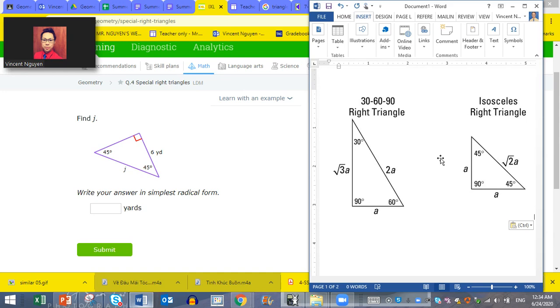You can't use Pythagorean theorem with one measurement. You have to have at least two sides of a right triangle given to you in order to use Pythagorean theorem. However, with special right triangles, because they have relationships among the sides, you only need to know one measurement of the sides in order to find the rest of them.